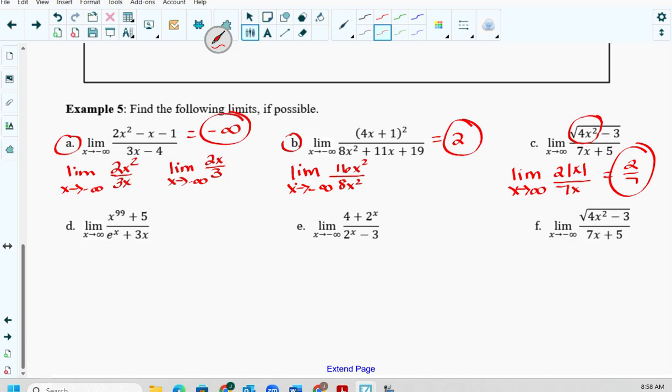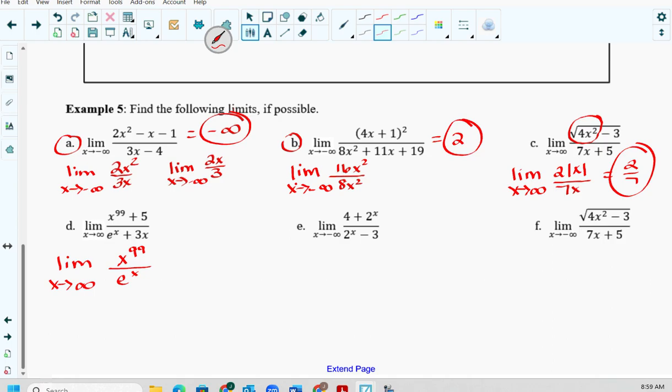I know you are not going to like this one. Okay, we have x to the 99th, and we have e to the x.